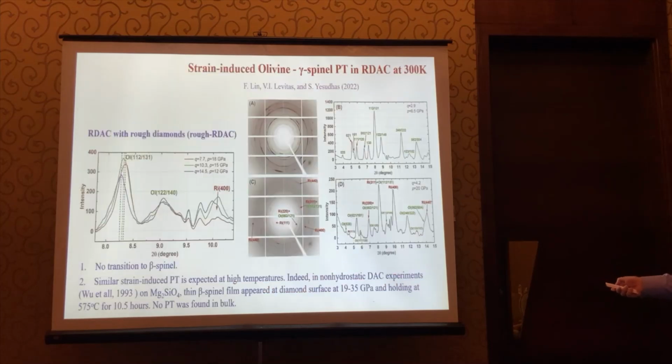And we just received conceptual proof that olivine transforms to gamma spinel in rotational diamond cell at room temperature, which never happened under hydrostatic and non-hydrostatic conditions. And rate of transformation is determined by rate of shear, rate of rotation of anvils.